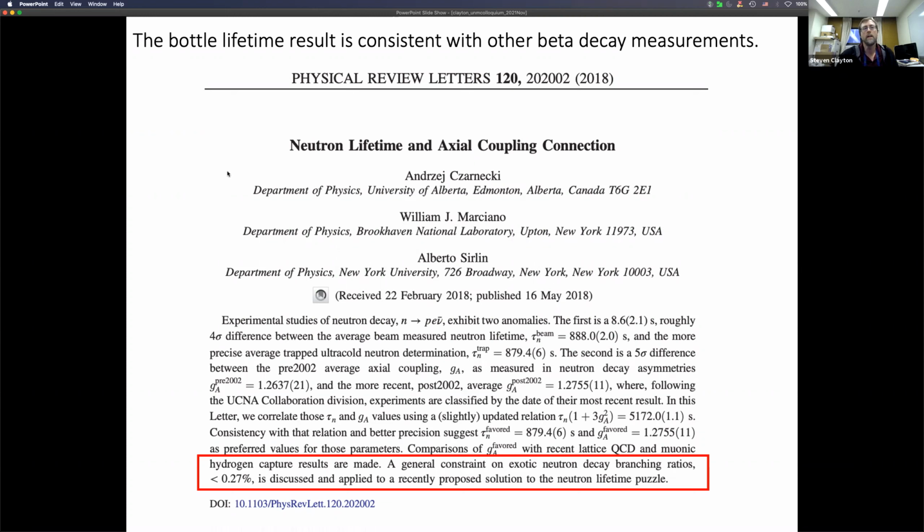If you take the gA from our beta decay asymmetry measurement, or you can take the gA from muon capture on the proton, which has also been measured quite well, then you find that it strongly favors the bottle lifetime, the 880 seconds or so. On that basis alone, they were able to put a general constraint on exotic neutron beta decay branching ratios of less than 0.3.